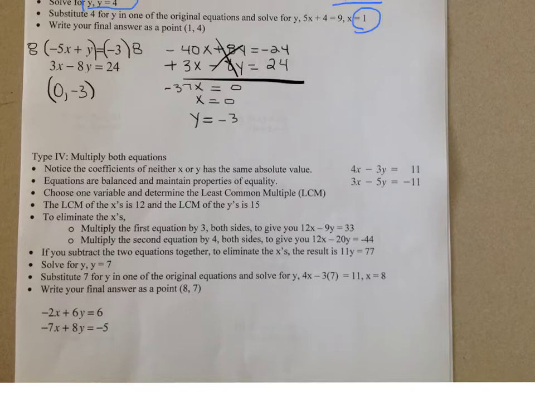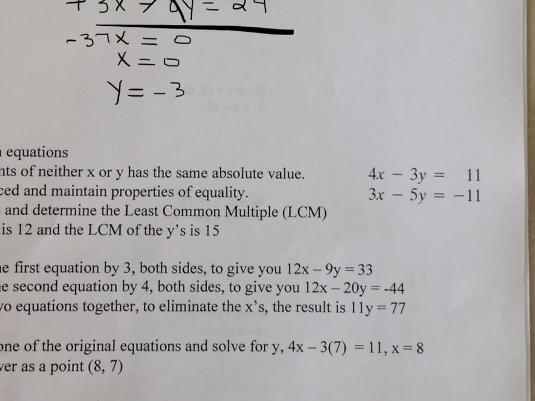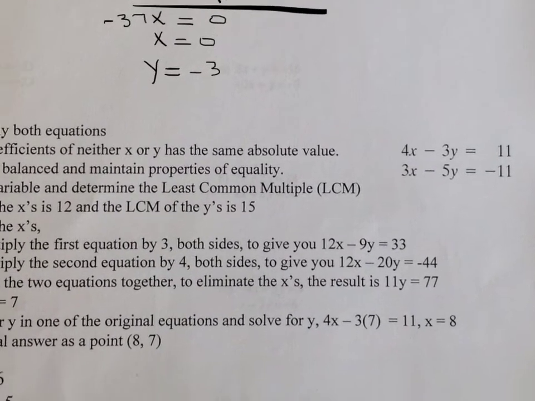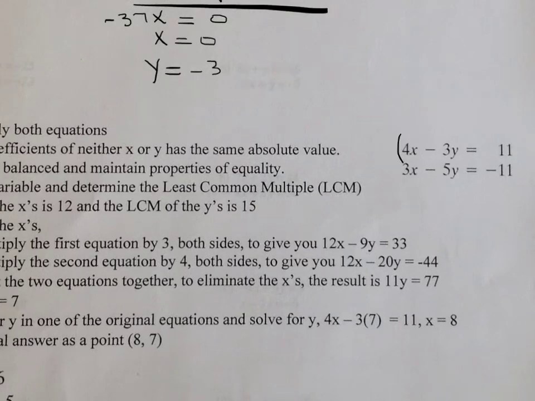They multiplied the first equation by 3 on both sides here, 3 and then 3 to get 12x minus 9y equals 33.